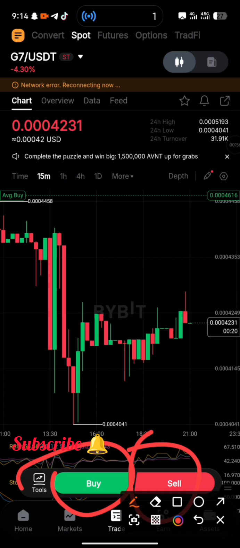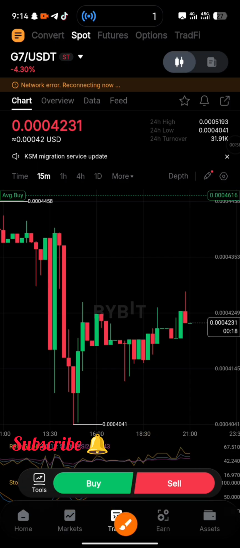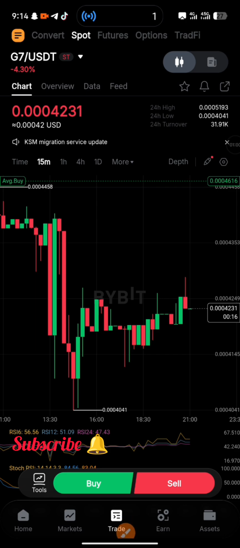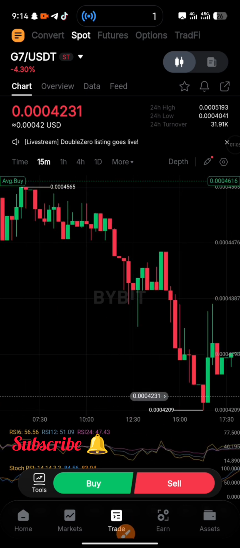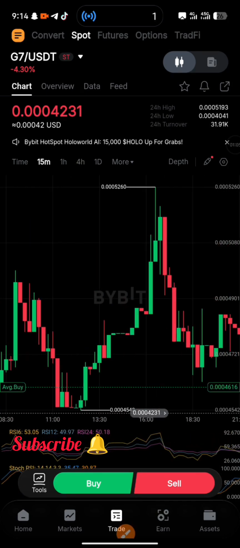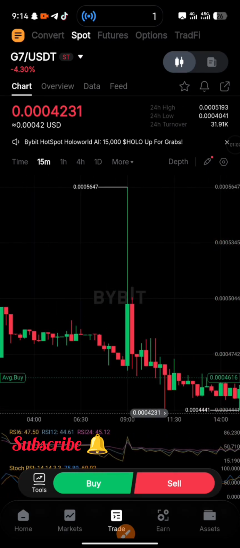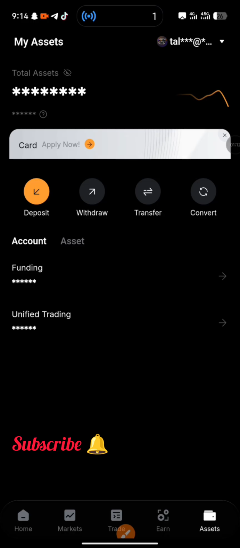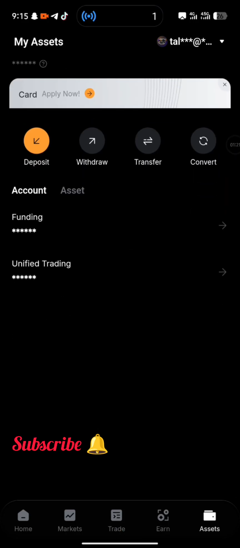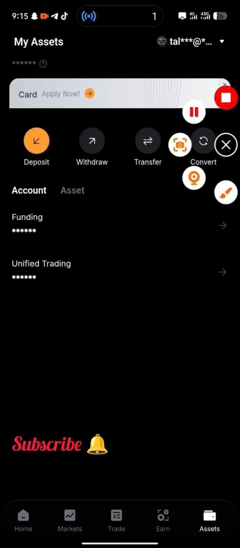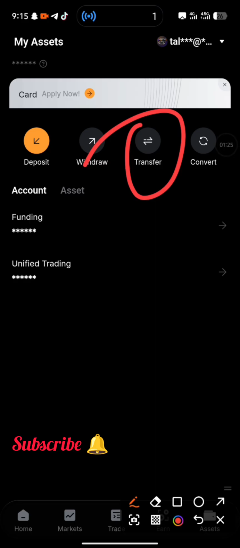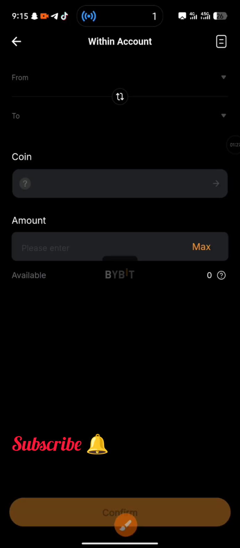And don't forget, before you can do this, make sure you first have some funds in your wallet, because without having money in your wallet, you will not be able to trade. If you have some funds, first you need to transfer the funds from the funding wallet to the unified trading account.